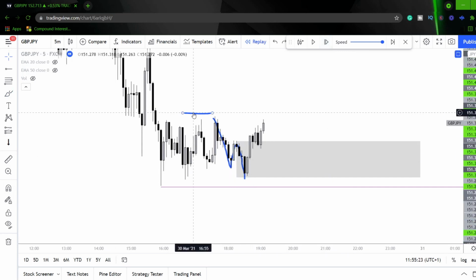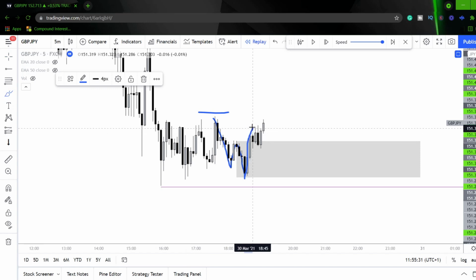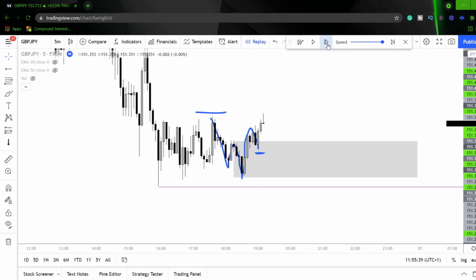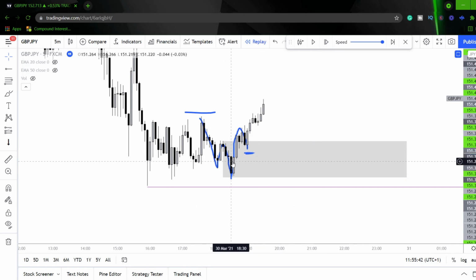So liquidity's been taken from there, right? We understand that there's liquidity above these highs as well. Okay, again, what's happening, right? We're pushing up, we're pulling back, right? Liquidity generation. Okay. We're moving higher.